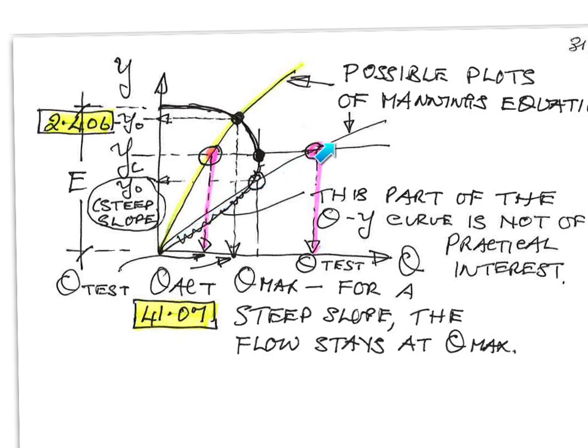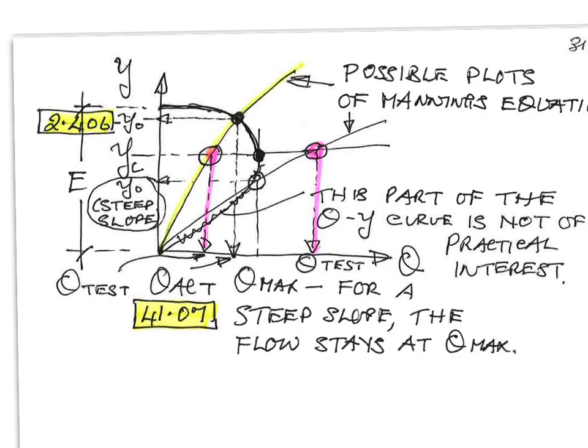If Manning's equation does not intersect between here and here, or conceivably doesn't intersect at all, then the flow we get is not this one here, it's the maximum, because it is a fact that the maximum possible flow you can get out for a given E is this point here. Once you've reached that, you can't go back down this line here. So this part of this curve is not really physically available to us.